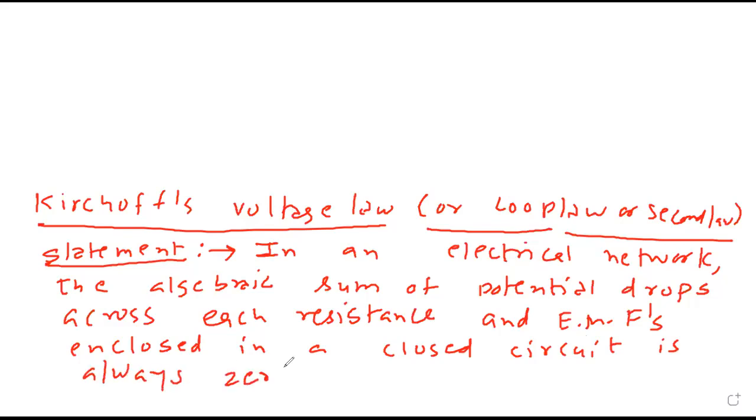So in an electrical network, the algebraic sum of potential drop across each resistance and EMFs enclosed in a closed circuit is always zero.